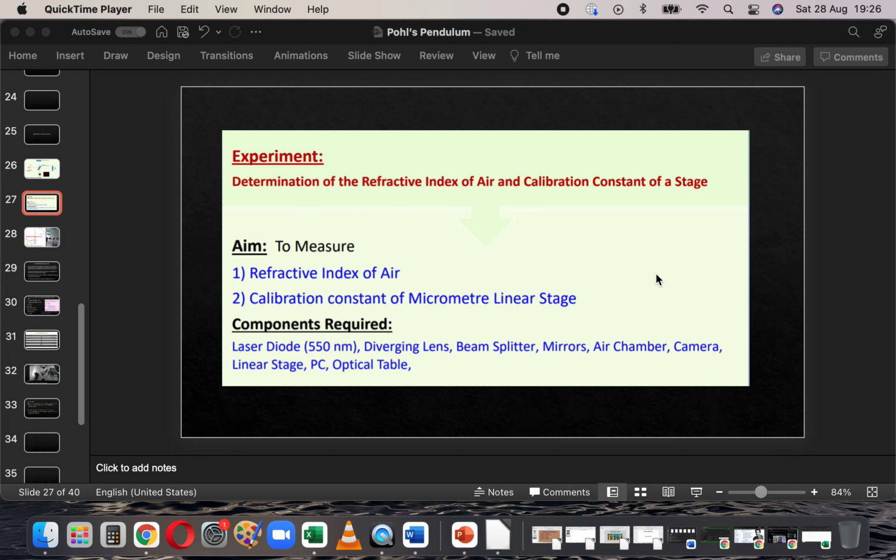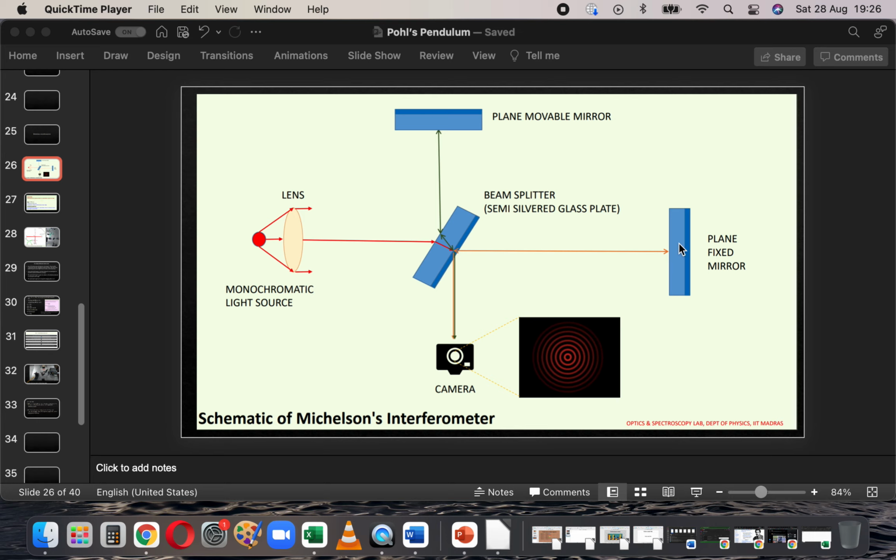So you will do two experiments here. One of these mirrors is mounted on a stage which allows you to make very small movements. You will basically have some kind of a platform below this mirror attached to a screw gauge. You will see that in the video. When you move the screw gauge, the mirror moves by some distance, but there is a reduction factor.